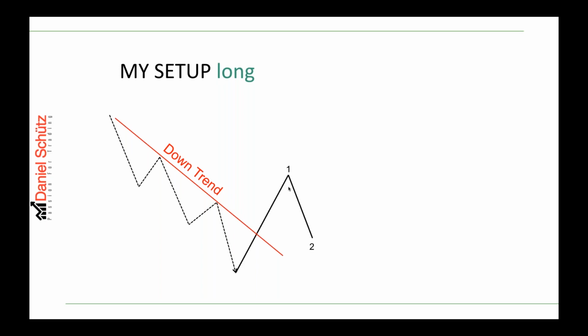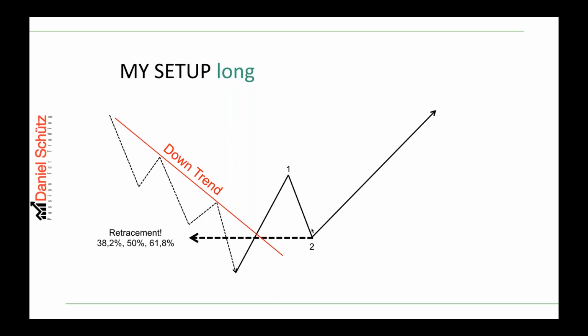Then I wait until the correction is done, basically at a 61.8 retracement of wave one, and then I look for my entry, and there are several points of entry I can use, exactly 3. For example, I can use a reversal candle at that point.